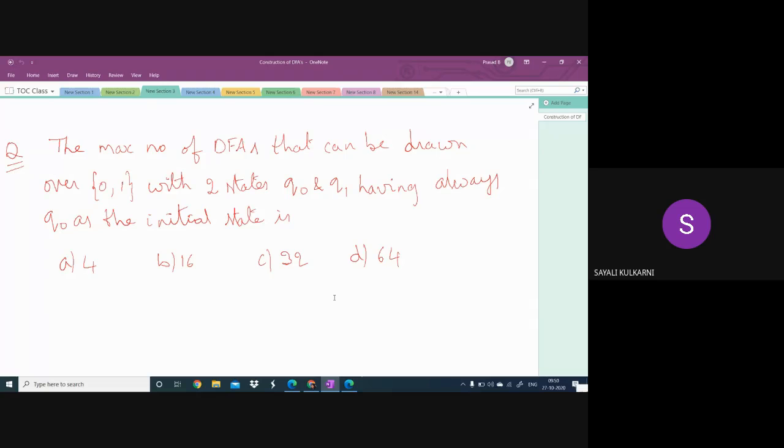Yes, sir. The number of DFAs that can be drawn over the set {0, 1} with two states having always Q0 as initial is.